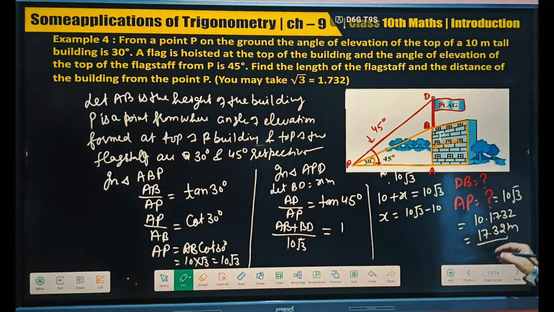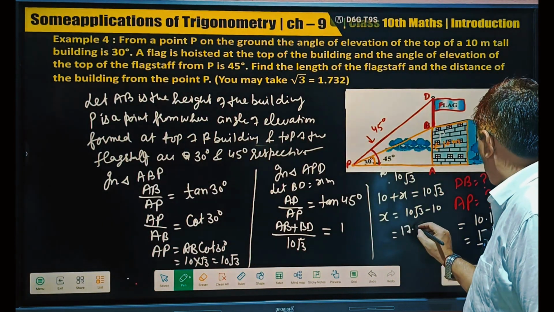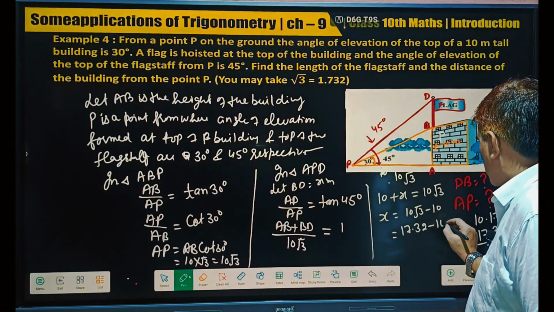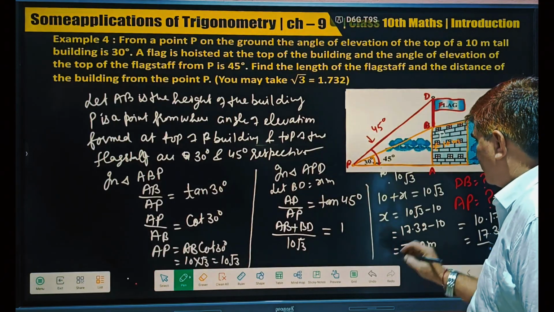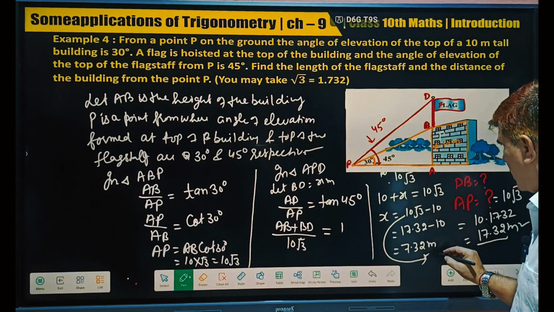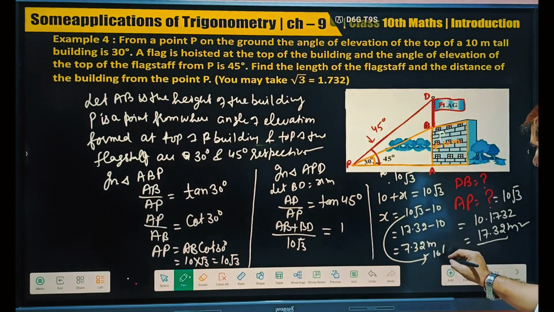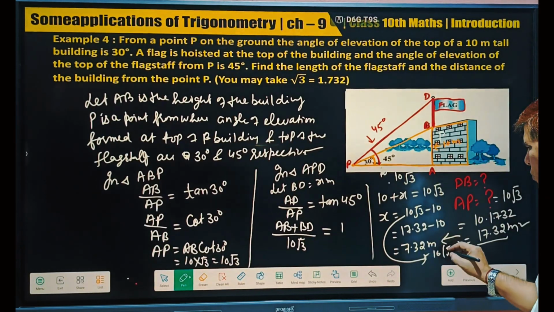Yes or no? One way is this, we can write its height like this. How much value? 17.32 minus 10 is equal to 7.32 meter. Otherwise, from here we can write this also, 10 taken common, root 3 minus 1 meter. So as you wish.